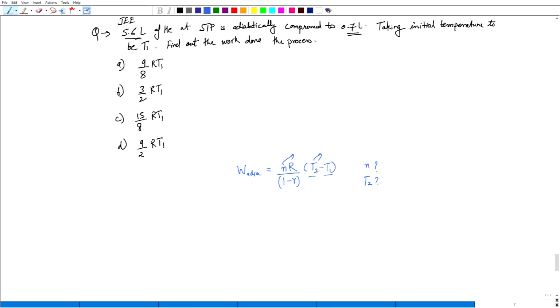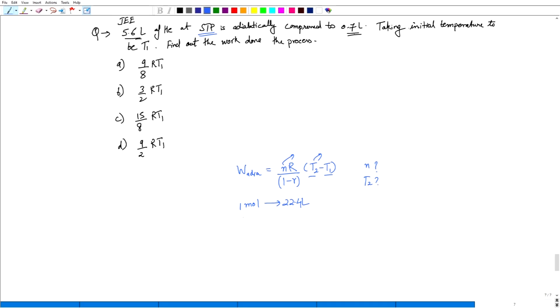The one important thing given here is STP. The volume of 1 mole of gas at STP is 22.4 liter. Now we have 5.6 liter. Can we get the moles? Right.